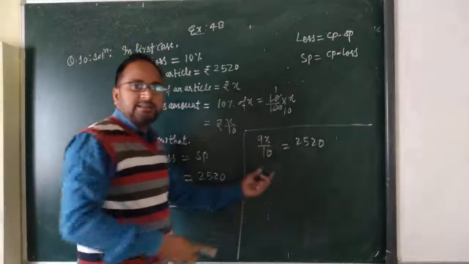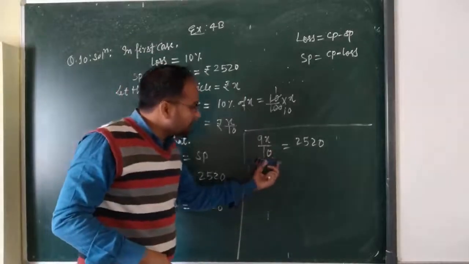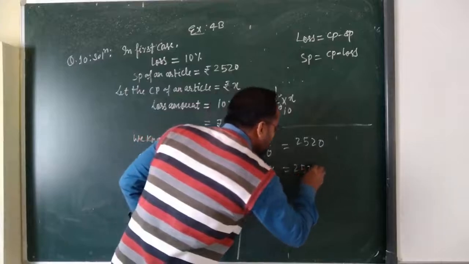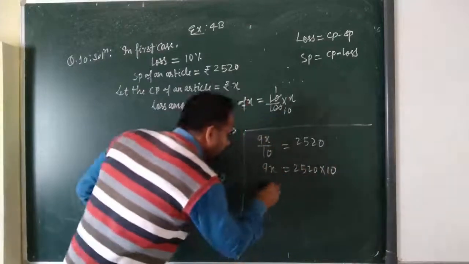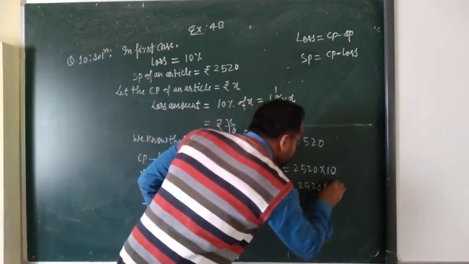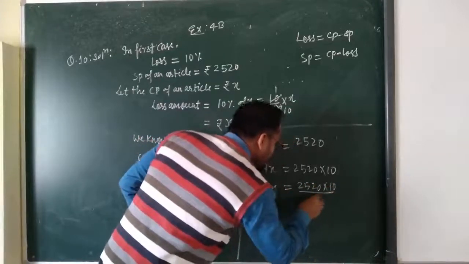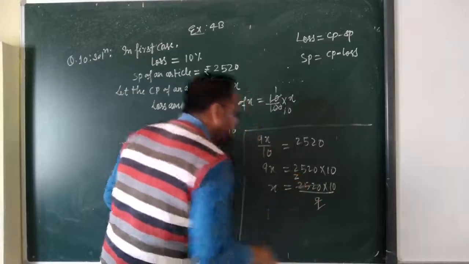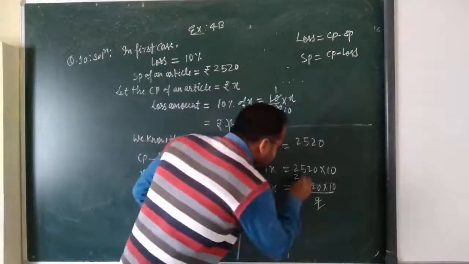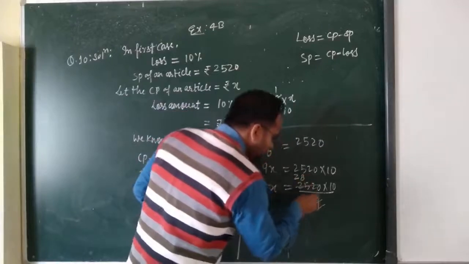Again, students, same case. Here the 10 is in the form of a division, which goes to the right side. Division changes into multiplication, so we get 10. Now x is multiplied, goes to this side, and multiplication changes into division. So 9 1s are 9, 9 2s are 18, 9 8s are 72, 0.